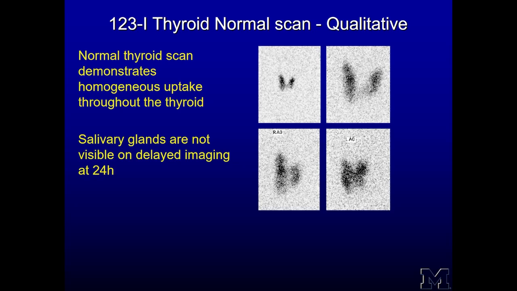It's only 400 microcurie as compared to 5 millicurie for technetium pertechnetate, and also due to the fact that the images are obtained at 24 hours after radioisotope administration. Therefore, salivary glands are not visible on the delayed images, because by 24 hours the iodine-123 has washed out of the salivary glands.